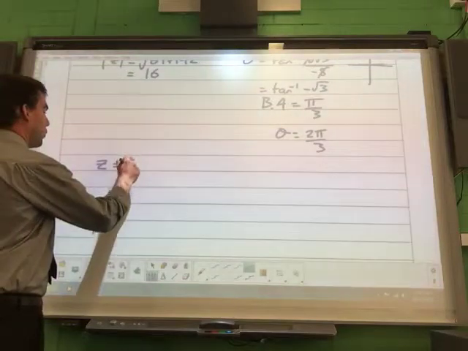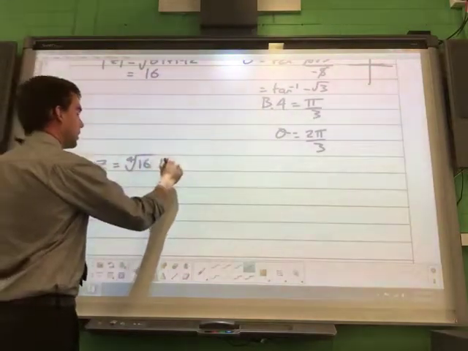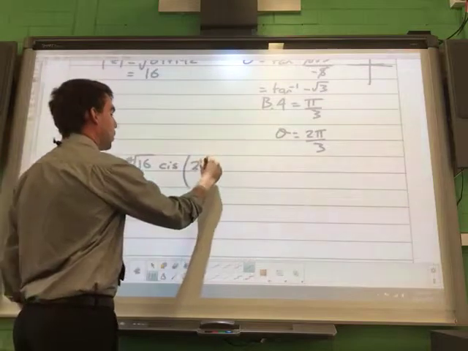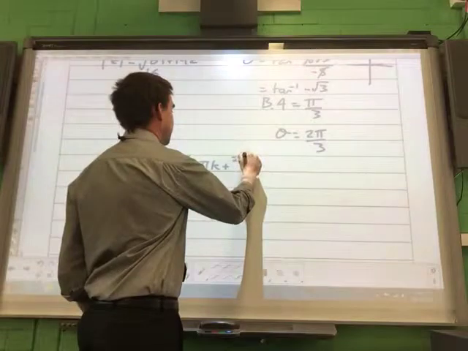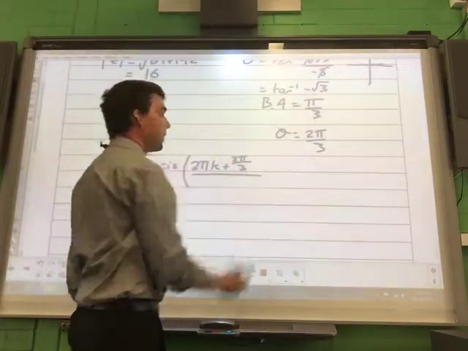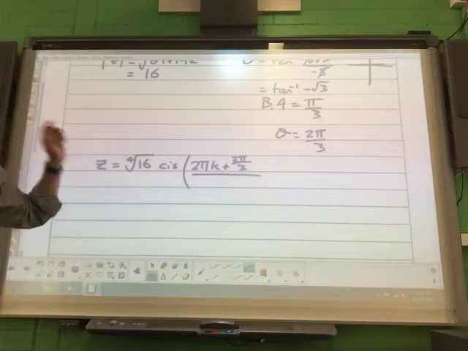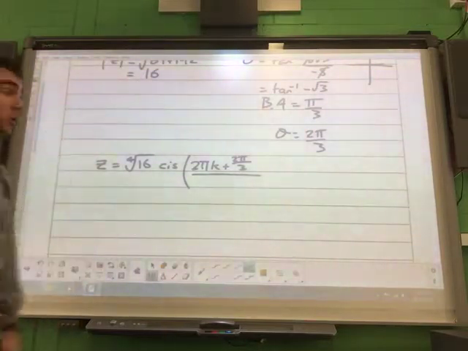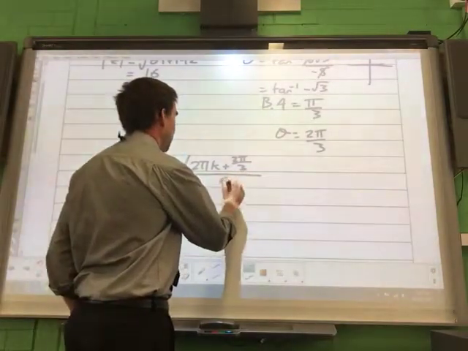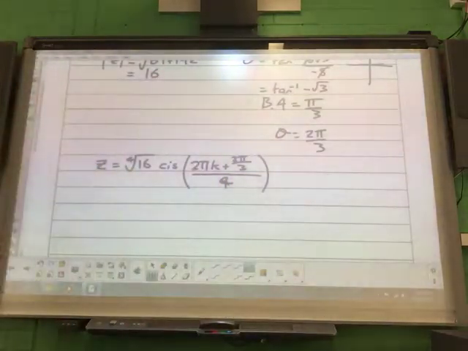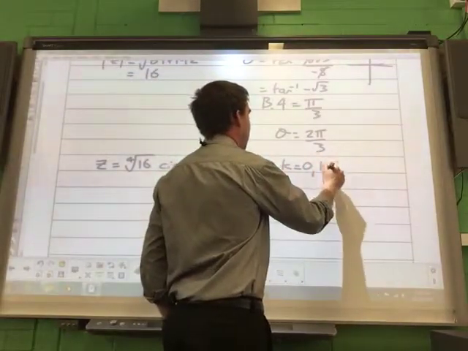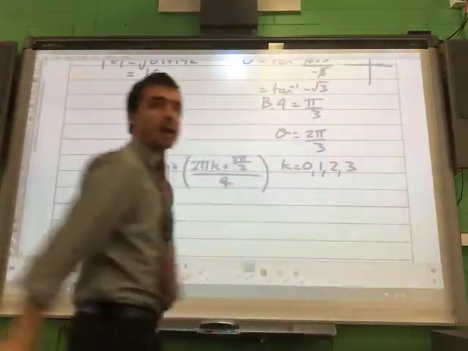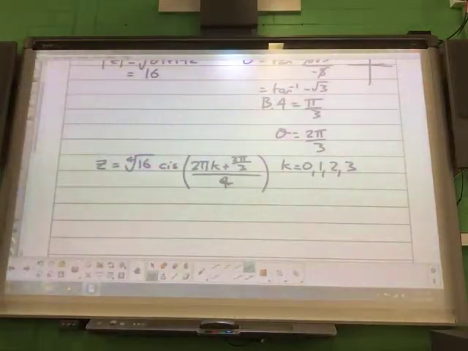The argument is what we just calculated, over n, and n comes from the power or the number of roots you need to find, which is 4. And this will work when k equals 0, 1, 2, and 3, all the way up to n take away 1. So 4 take away 1, we're finding 4 solutions.